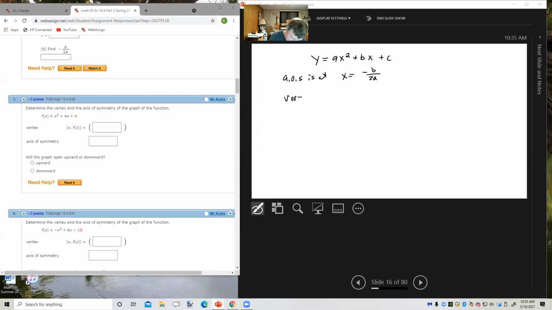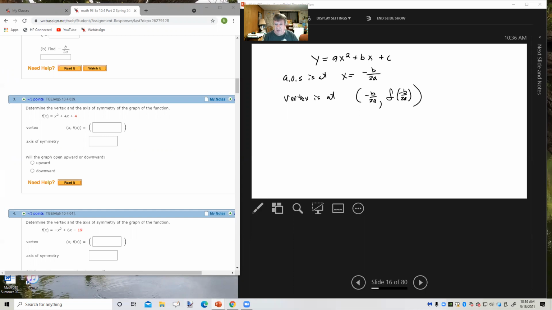And the vertex is at x equals negative b over 2a. Recall that the x value of the vertex is the same number as the number in the axis of symmetry, x equals whatever that number is, okay? And then we're going to plug that x value in to get f of that value.